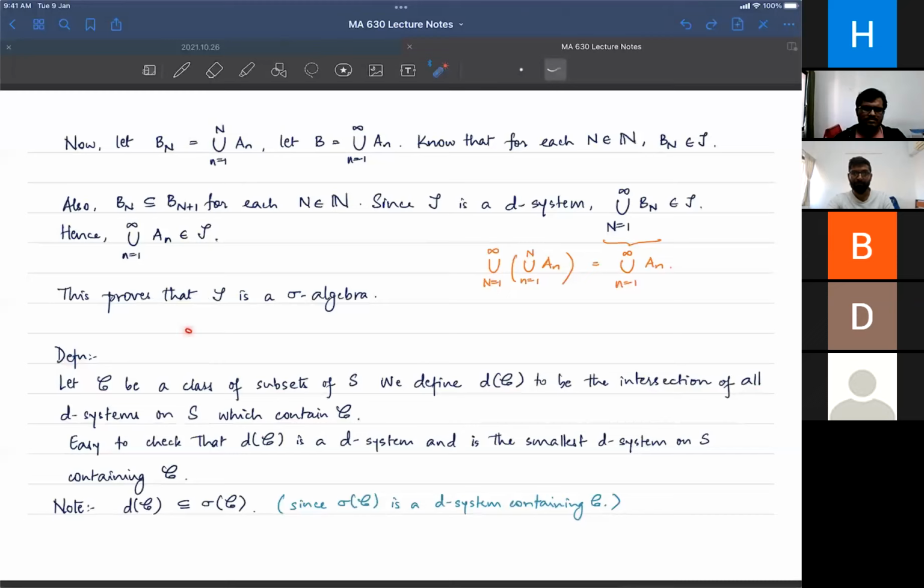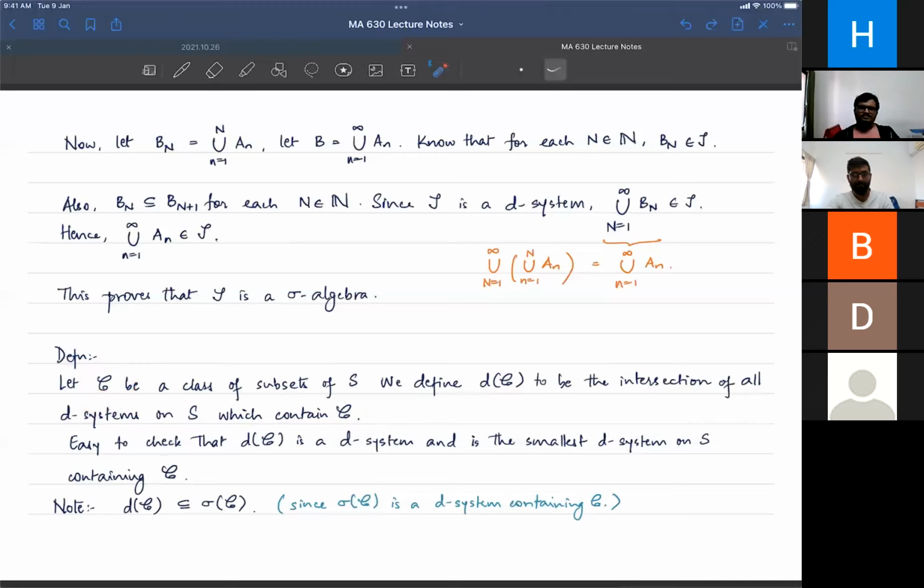And there's always at least one sigma algebra, which is the power set. Similarly, if I give you C, which is a family of subsets of S, is there a D system which definitely must contain C? Yes, right? The power set. S is a non-empty set. Let C be a collection of subsets of S. Is there a guarantee that there is at least one D system which contains this family?